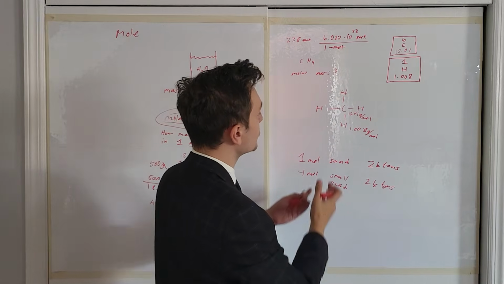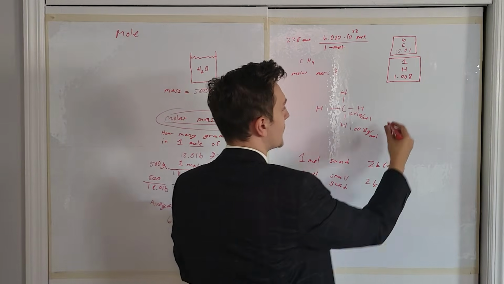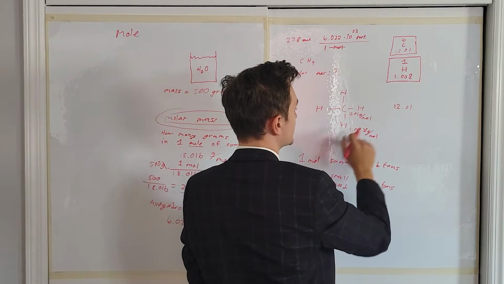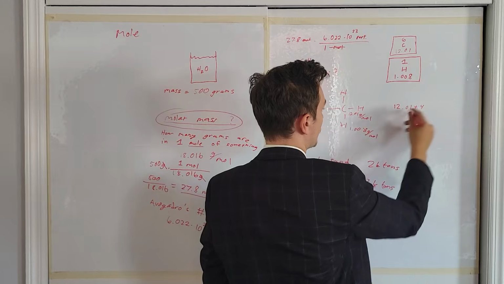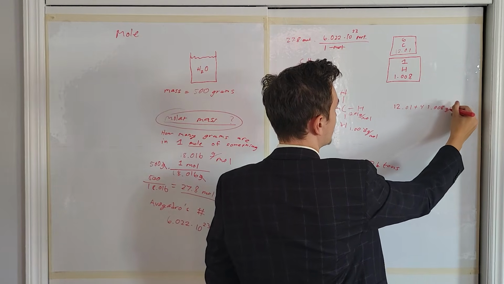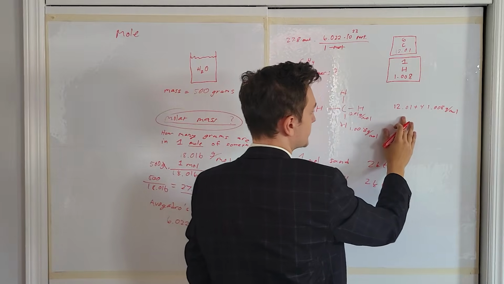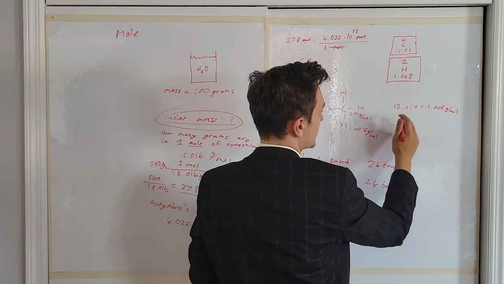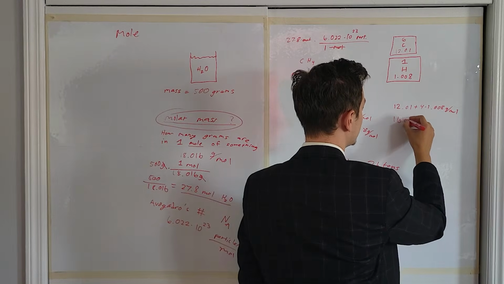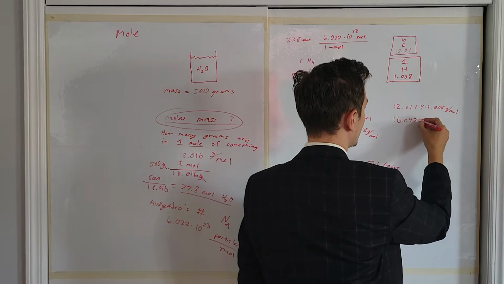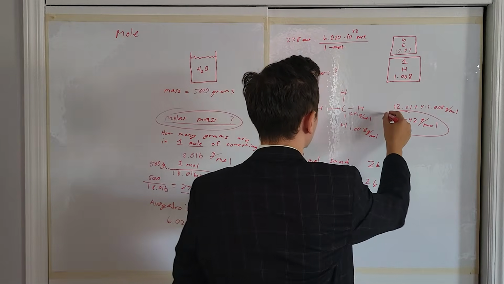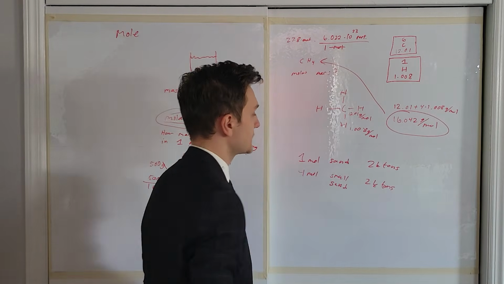So if I want to find the weight of this whole molecule, I take the weight of the carbon plus the weights of the hydrogens, which is 4 times 1.008 grams per mole. Okay, this is a multiplication. So this would ultimately turn out to 16.042 grams per mole. This would be the molar mass of my methane, of my CH4.